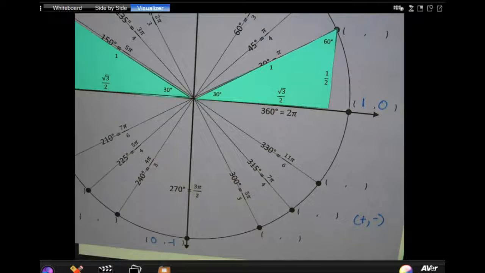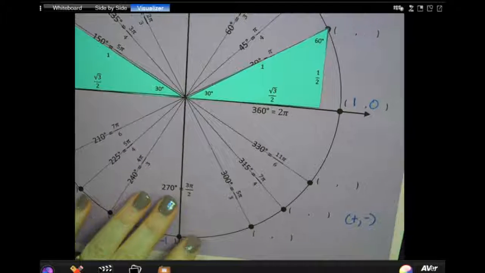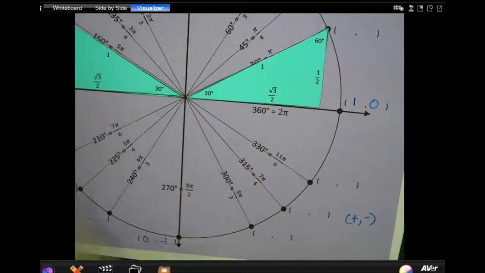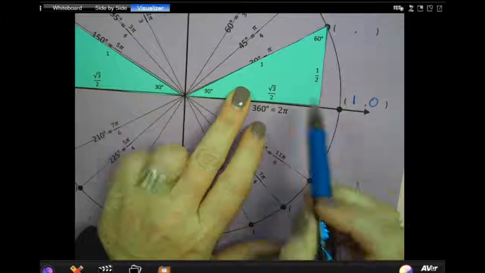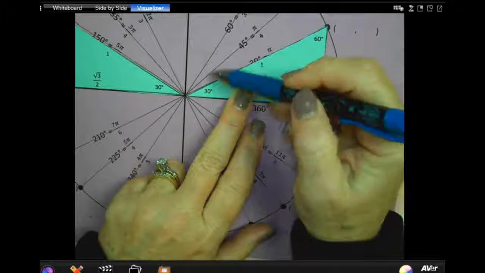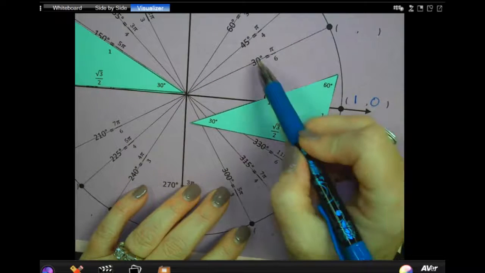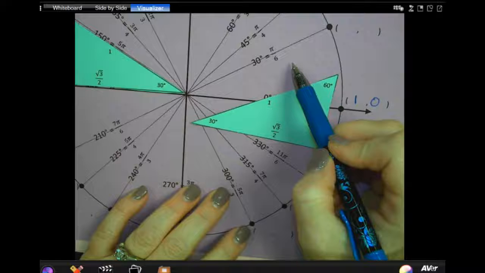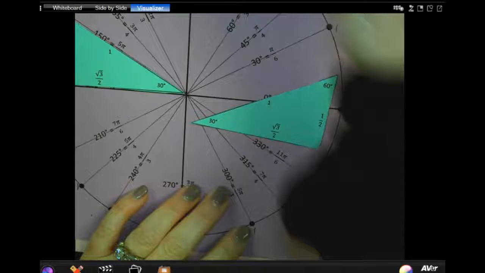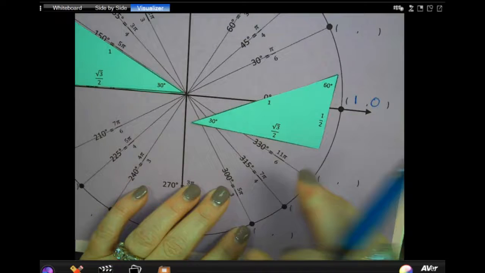Okay. Now listen. So, first of all, if I look at this, and I look right here, this is labeled, and it's 30 degrees, and we said in radians this is pi over 6, because it's pi over 2, 3, 4, and then 6.